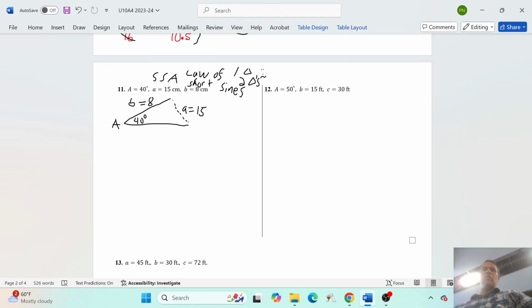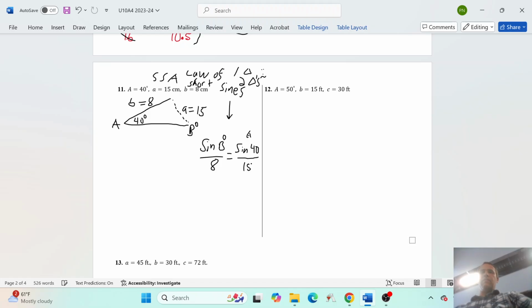Okay, so what we want to do is find big B first. So we're going to use the law of sines. Sine of big B, what we're trying to solve for, over its opposite side, little b, which is 8, equals sine of big A, which is 40 degrees, over its opposite side, little a, which is 15.